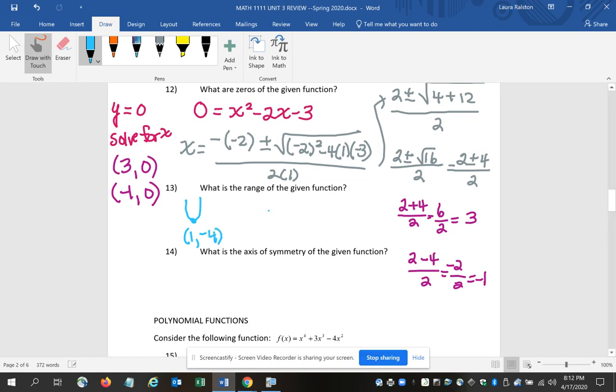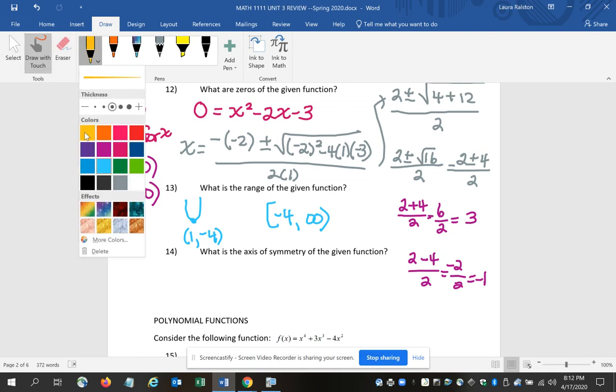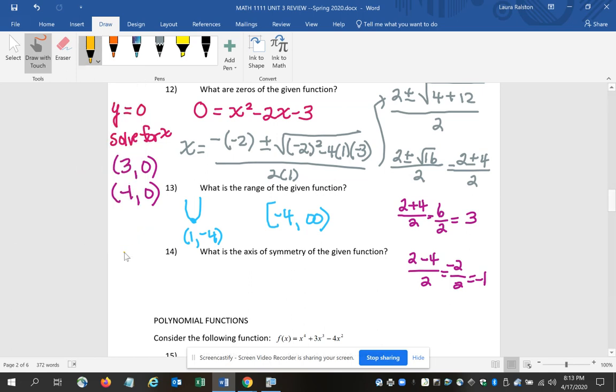Okay, and so my range, the first place I see it is when I hit that value of negative 4, and it keeps going upward. Now, again, as a side note, if your parabola is turned downward, then your range goes from negative infinity up to the k value.